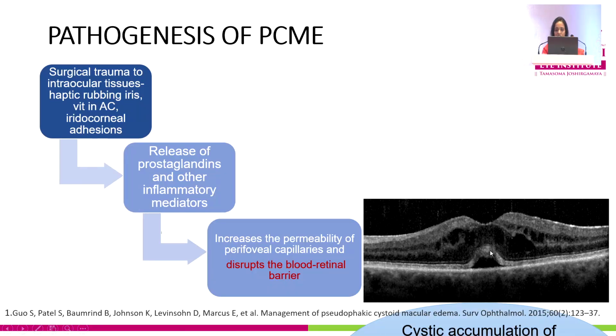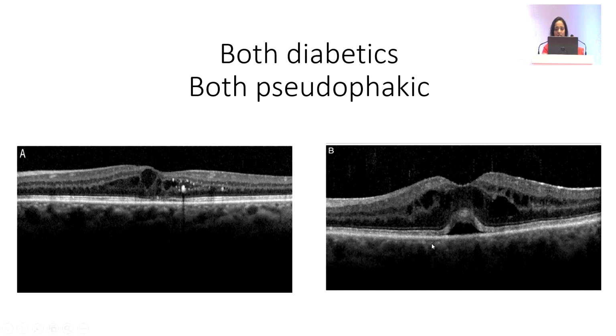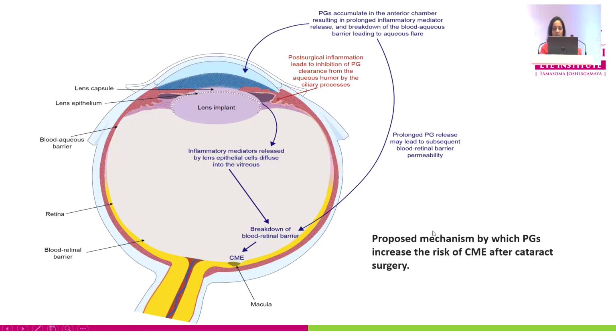This is why in pseudophakics there is cystic accumulation of not only intraretinal fluid in the OPL and between the OPL and the INL, but also subretinal fluid. You can see in this example the difference between a diabetic macular edema with hard exudates and cystic spaces, with the inner blood retinal barrier being affected, and a pseudophakic CME where there is a predominant SRF because of the outer blood retinal barrier being affected.